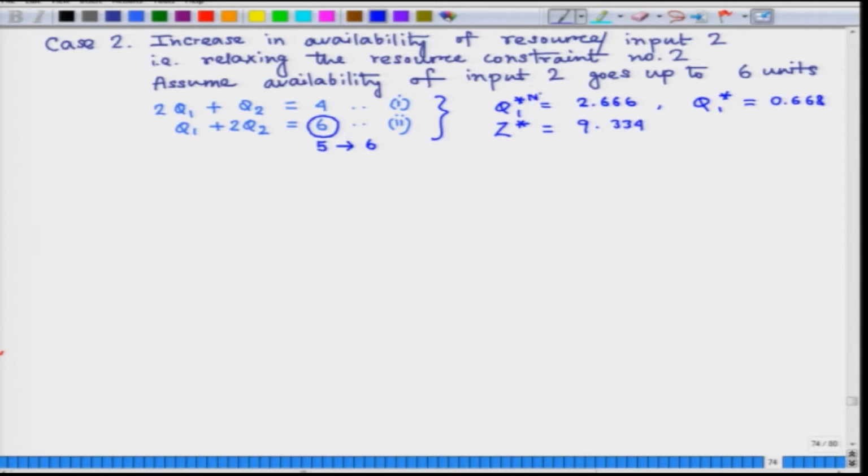Let us denote this by n to compare with the old one. Okay.